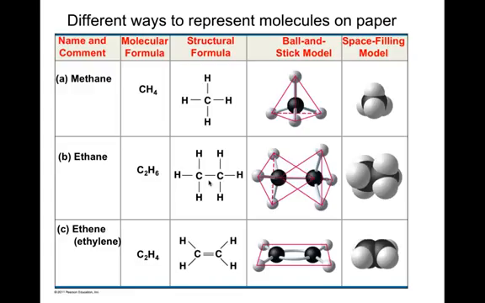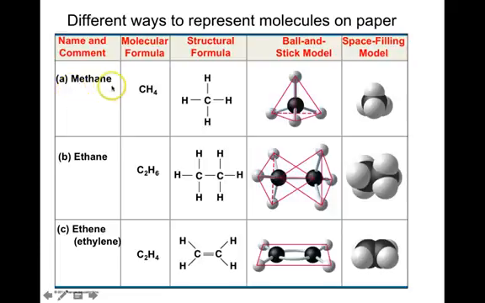When molecules are formed by carbons, we have to study them, and when we study them, we have to write those molecules on paper. There are different ways to represent molecules on paper: name, molecular formula, structural formula, ball and stick model, and space filling model.